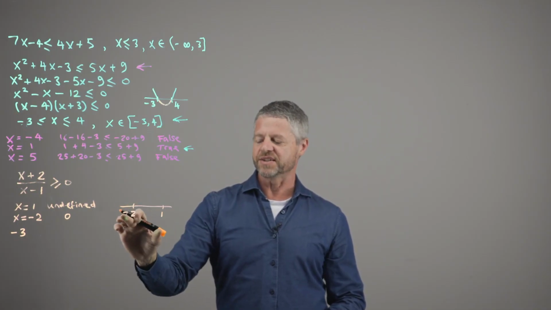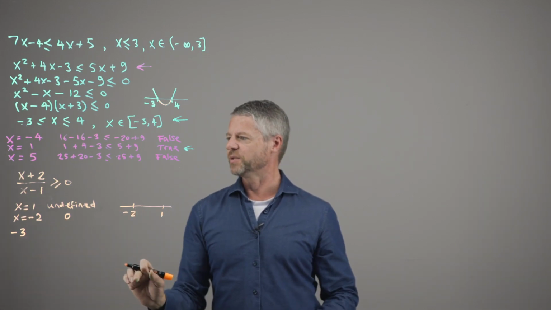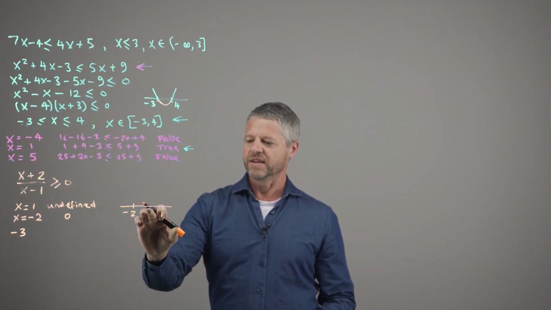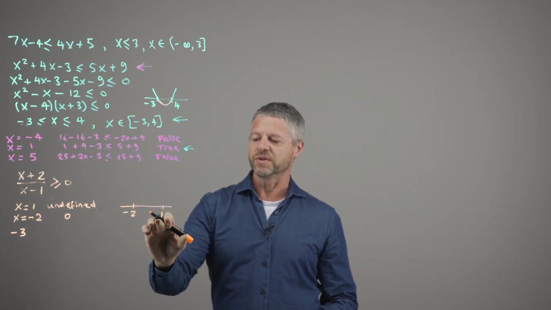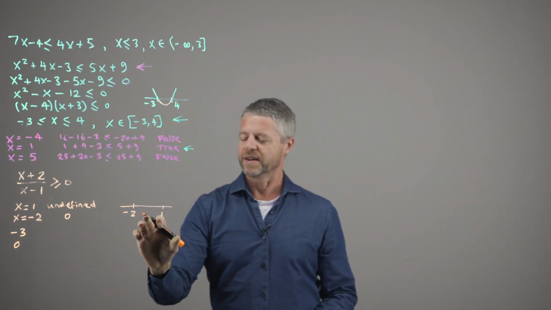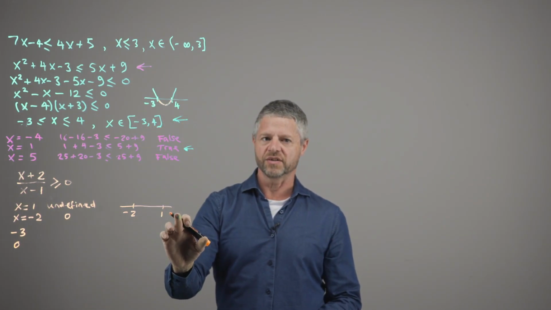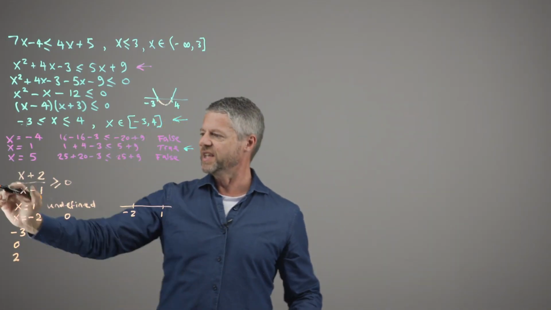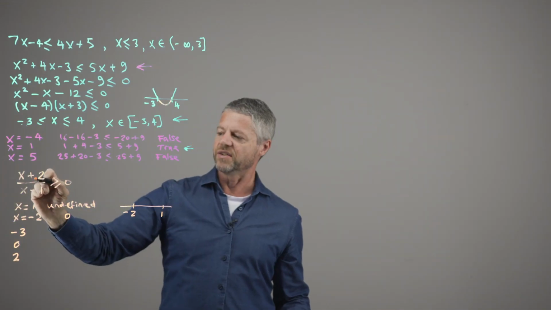So to the left of minus 2, for example, minus 3, and then something in between minus 2 and 1, say 0, and then something to the right of 1, say 2. And see what the sign of the function is.